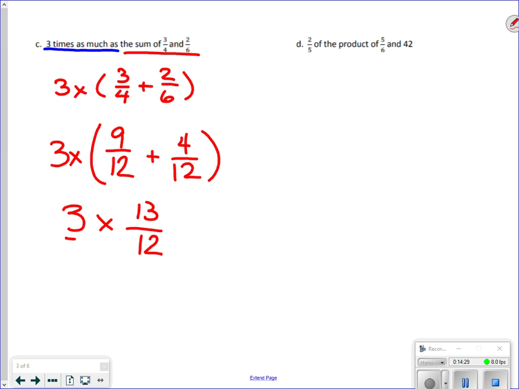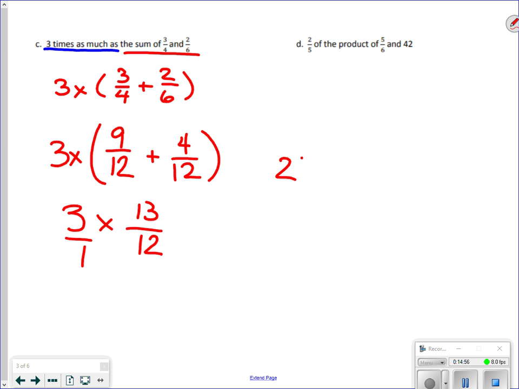Now, there's 2 ways you could do this. You could just multiply straight across and do 3. Why are you making a face, Stanley? About what? Because I didn't put my common denominator 24. I could have gone to 24 and then my fraction would be a lot bigger. I didn't want to.